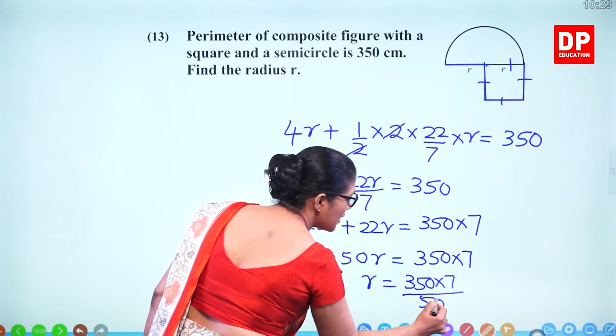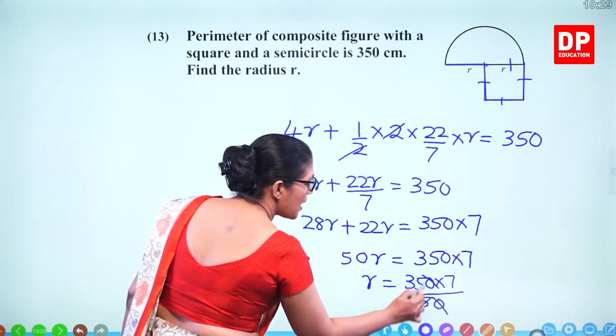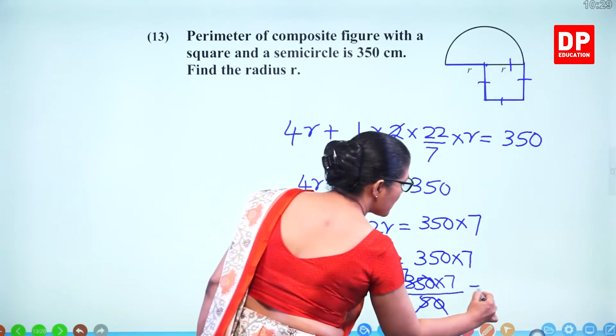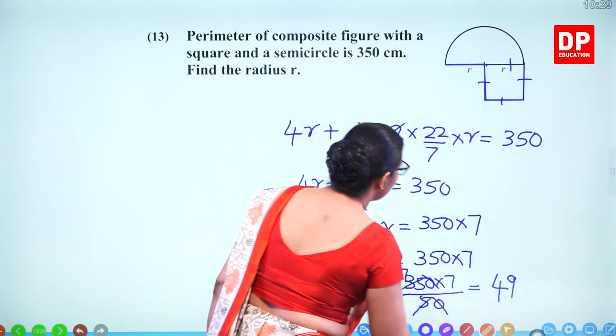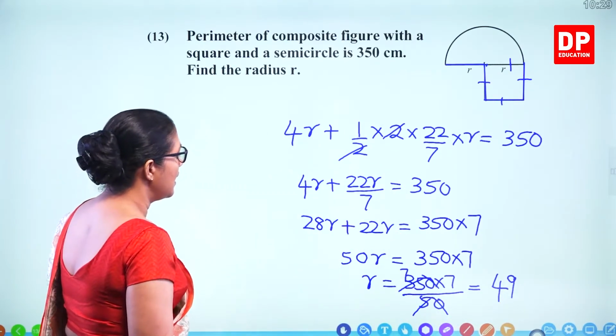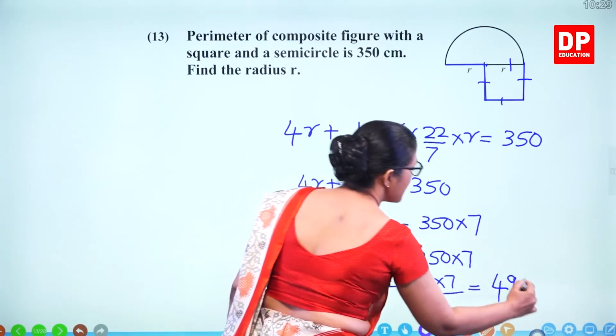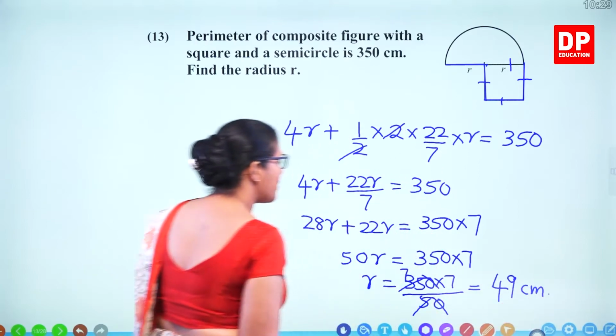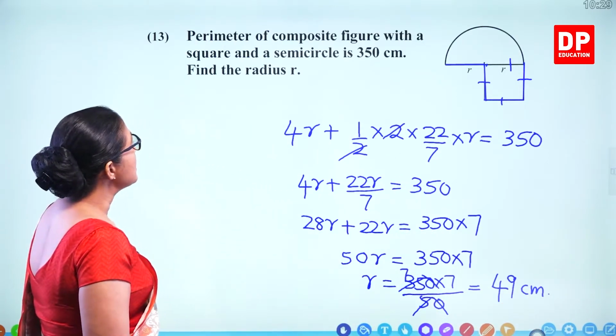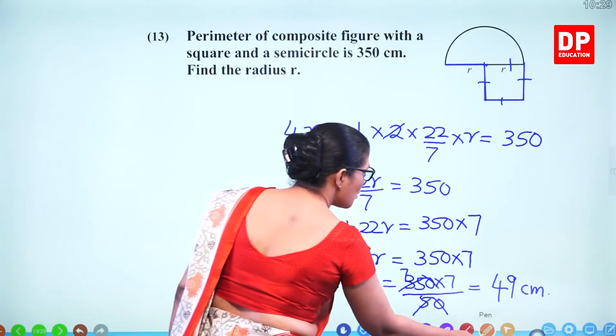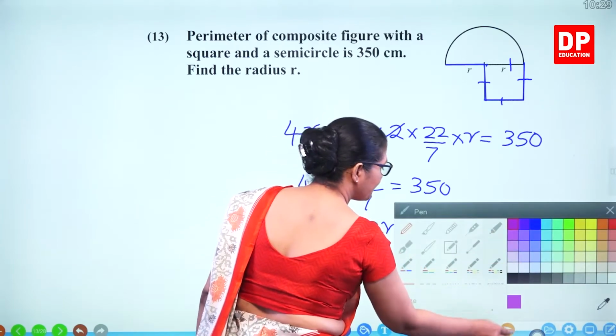Divide by 50 here. 5 times 7, 7 times 7, 49 centimeters. Is this centimeters? Yes. r is 49 centimeters. So you get 2 marks there.